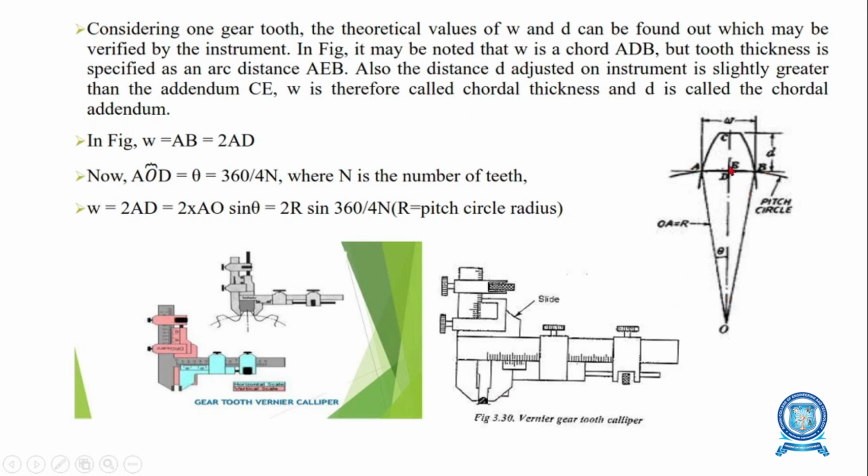Angle AOD is theta, which is equal to 360 divided by 4N, where N is the number of teeth. So W is equal to 2 AD, which is equal to 2 AO sine theta, which is equal to 2 R sine 360 divided by 4N, where R is the pitch circle radius.